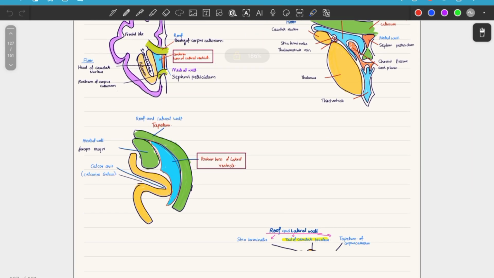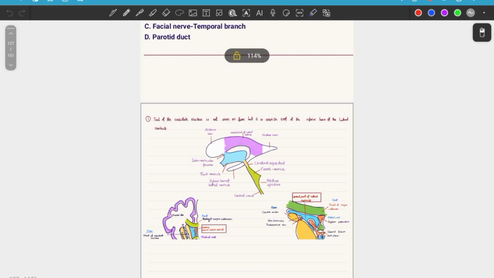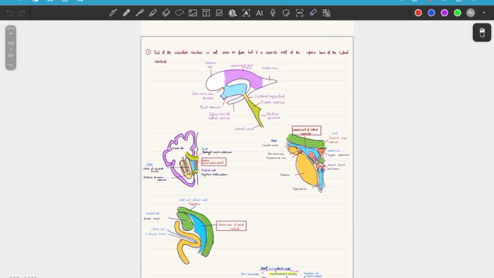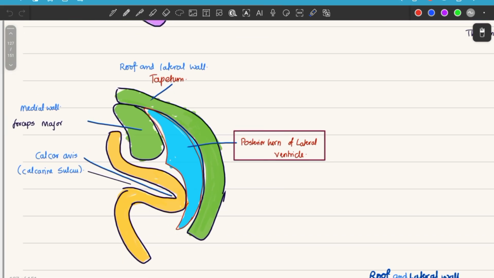Now coming to the posterior horn. This is the posterior horn. Here the roof and also the lateral wall is formed by the tapetum. Tapetum is a part of the corpus callosum.